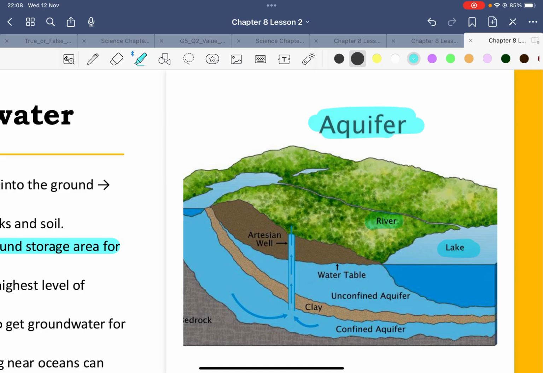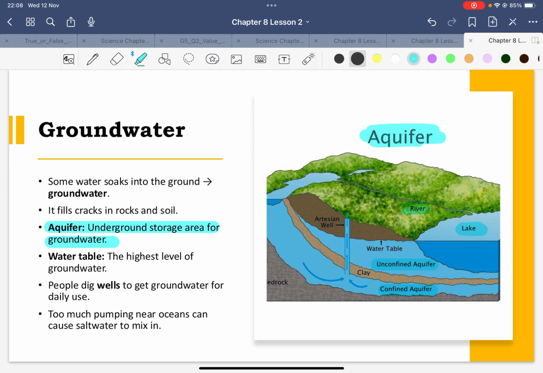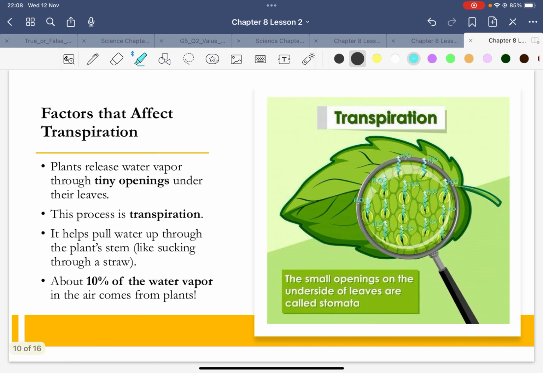But if it's coming underground through the rock or the soil, you can have an unconfined aquifer or a confined aquifer. So there are many kinds of aquifer. The top part of the groundwater we call the water table. You can drill a well down and pump all this water up.